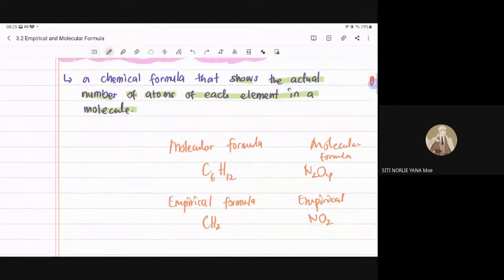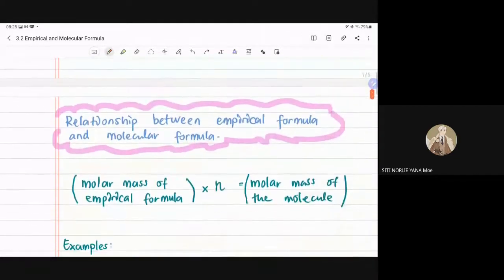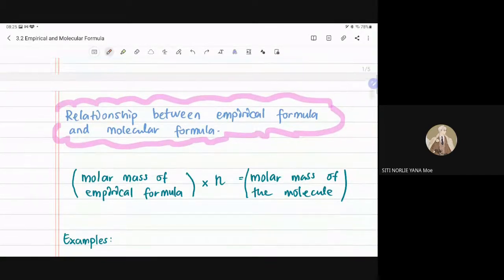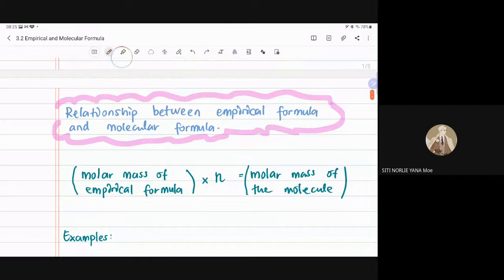Alright, so now let's proceed to the next part. Now kita tengok relationship between the empirical formula and molecular formula. Based on the definition, we should be able to determine the relationship that arose, but it can be simplified as follows lah. So this is the relationship between empirical formula and molecular formula.